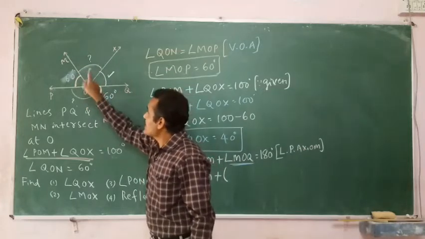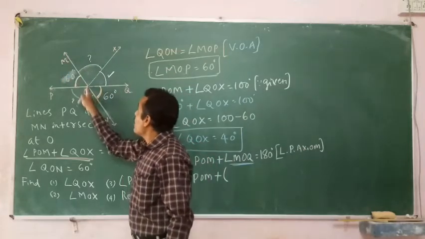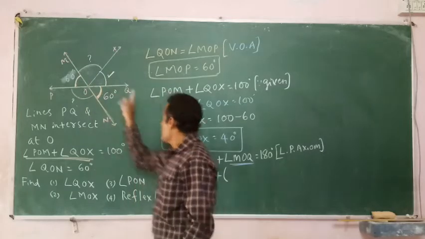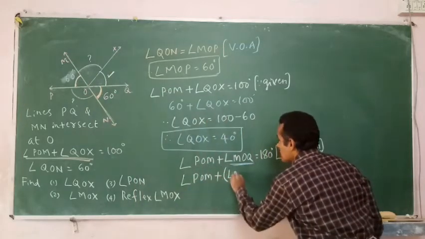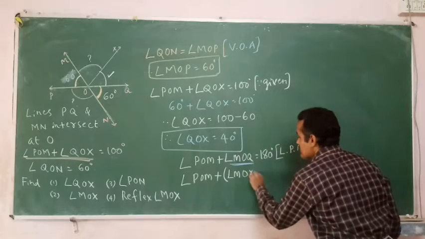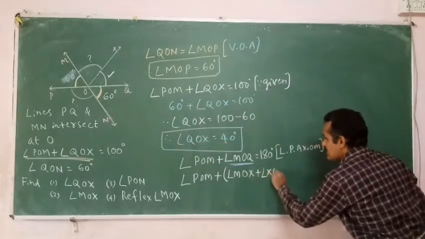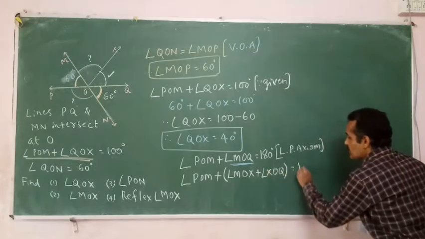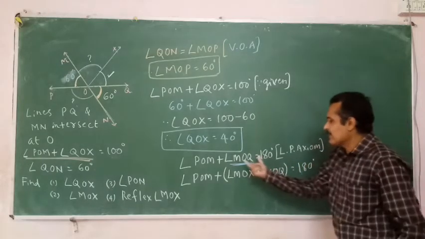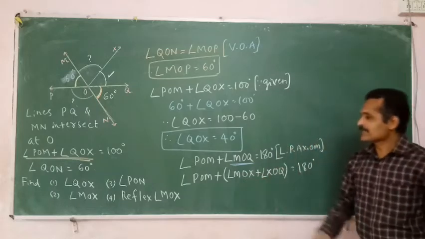I will split into two angles. This plus this. That means MOX, XOQ. I will write angle MOX plus angle XOQ. Angle XOQ is equals to 180 degree. Just what happened? This I have split into two parts.